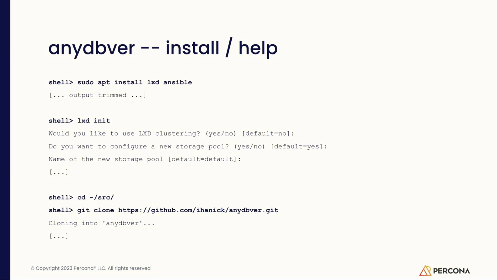And again, if you don't have the possibility of installing LXD and Ansible, you can always use the Vagrantfile in the project itself. Just do vagrant up. It will create one node, and it will have LXD running inside and AnyDB. So after we install LXD, we have to initialize it, and then we are ready to clone the AnyDB Git project from Nikolai and start using it.